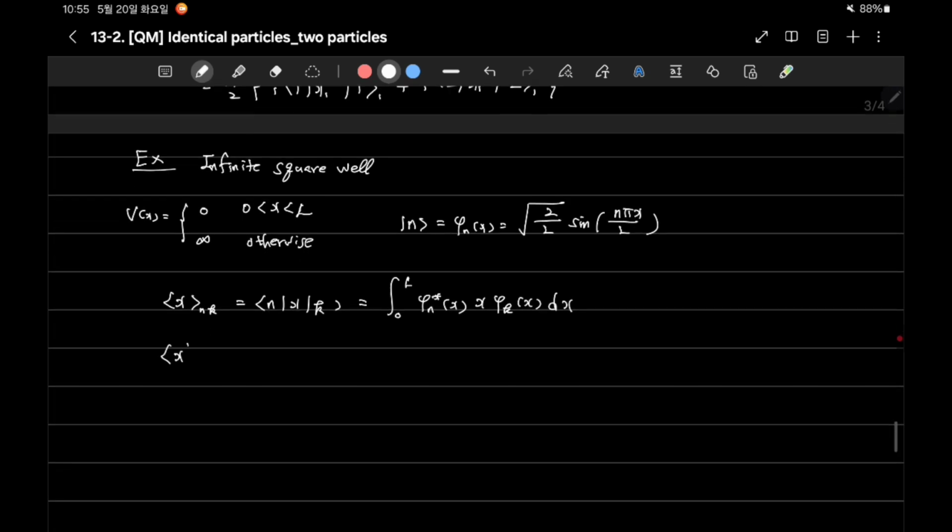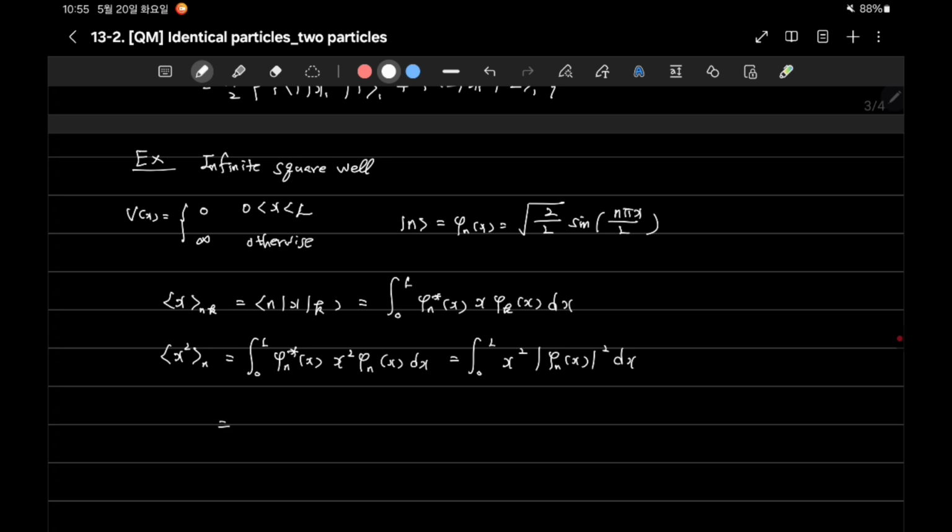And also x squared for n means the integral from 0 to L of phi_n(x) x squared phi_n(x) dx. Then it is the integral from 0 to L of x squared phi_n(x) squared dx.